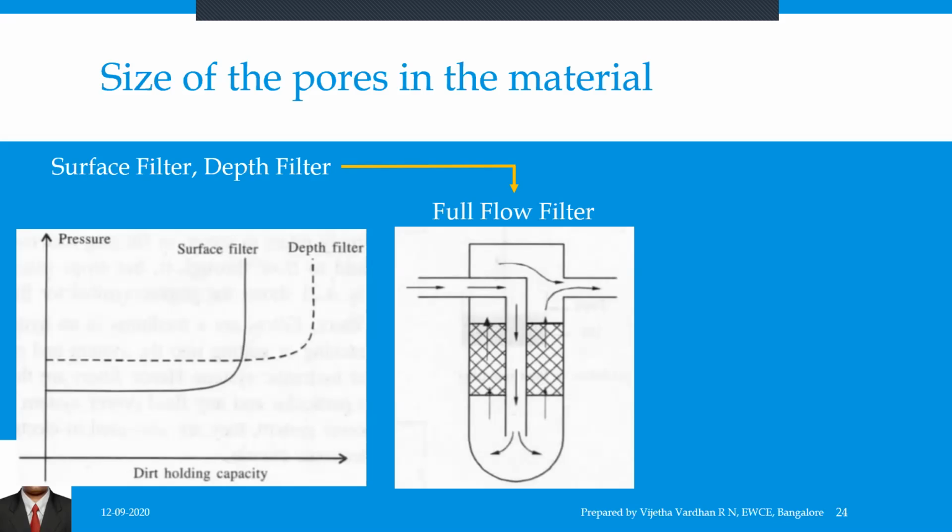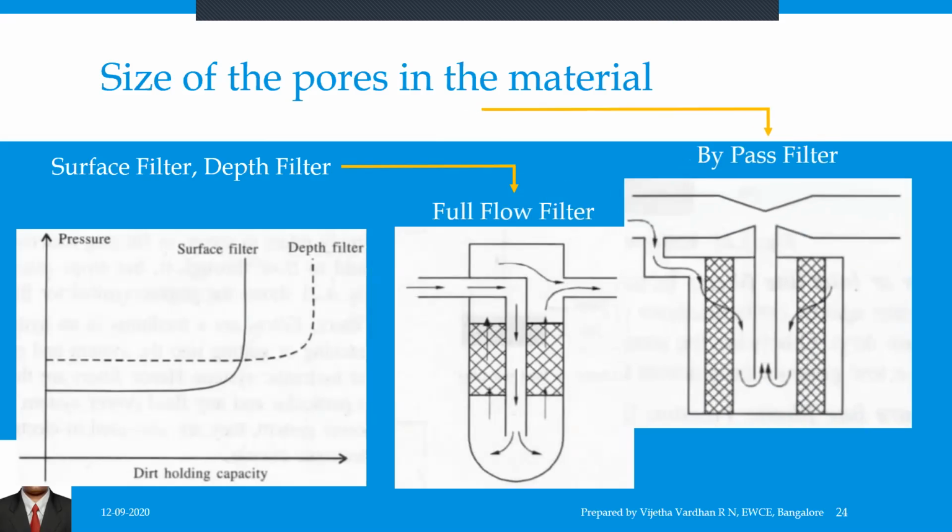This is obviously efficient in terms of filtration, but incurs a large pressure drop. This pressure drop increases as the filter gets blocked by contamination. Generally, these filters are provided with a safety valve before them, which cracks open when the filter is unexpectedly blocked.